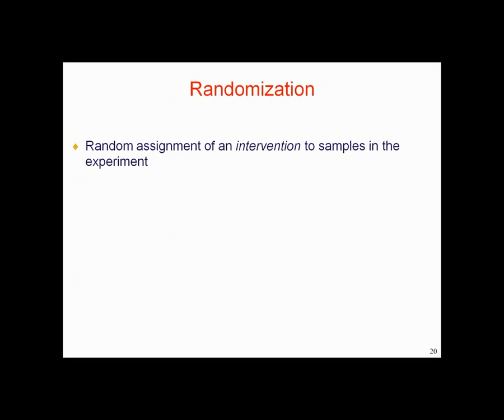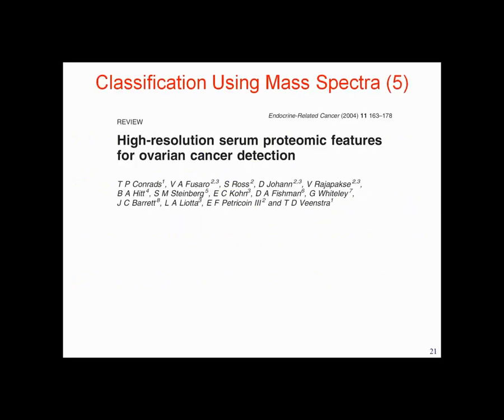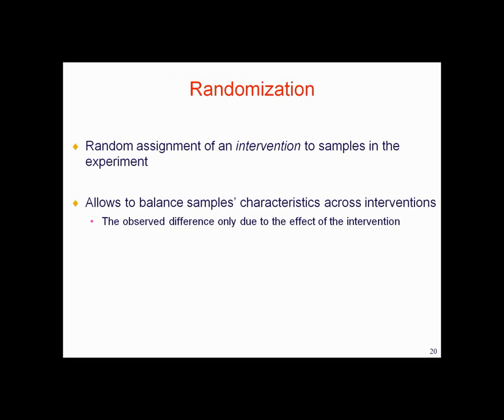Now, randomization is something else. Randomization means that you randomly assign intervention to samples in the experiment. The main idea is that it allows you to balance sample characteristics across interventions in such a way that the observed difference can be attributed only to the effect of the intervention, right? So you avoid the bias in comparison.